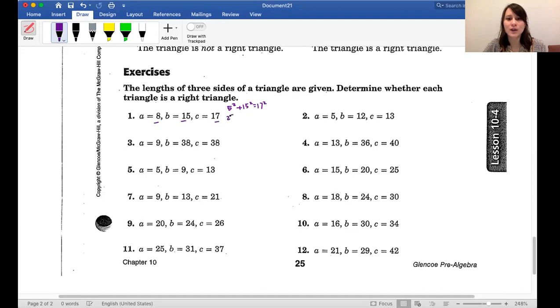5 squared is 25. 15 squared is 225. 17 squared is, I don't remember this one as well, hopefully you have it memorized by now, 289. And so we're going to check, is 25 plus 225 equal to 289?